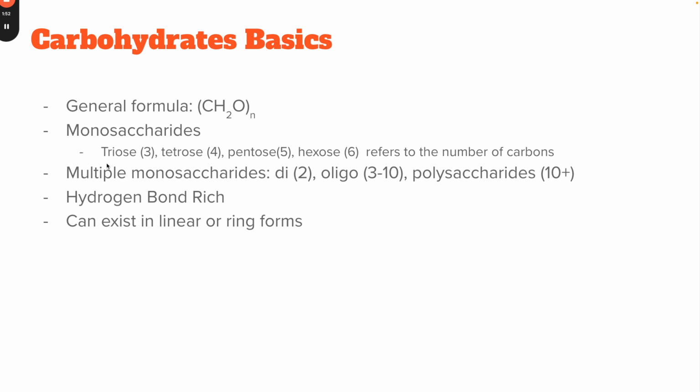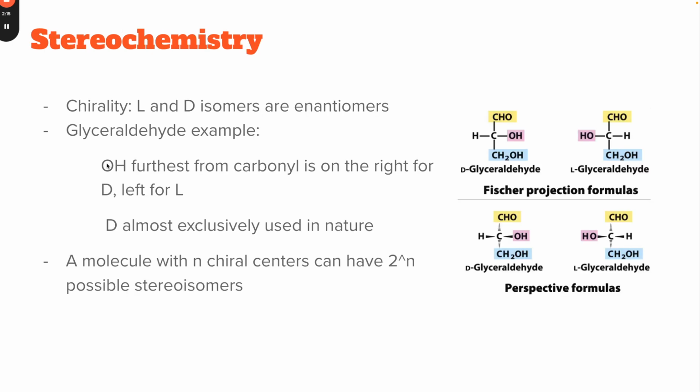For multiple monosaccharides, we have disaccharides, oligosaccharides, and polysaccharides, with di being 2 sugars, oligo being 3 to 10, and polysaccharides being 10 plus. And these sugars are hydrogen bond rich, which is really important to remember. They can exist in the linear or in the ring form, which I will go into later.